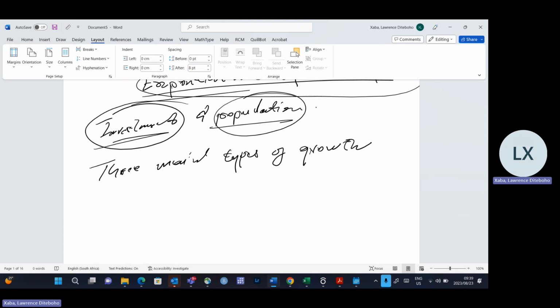Like I said, exponential and logarithm functions, we use them to study the growth. It can be the growth of investment or the growth of population. So we are saying this growth that you are referring to, we have three types of this growth that we are referring to.